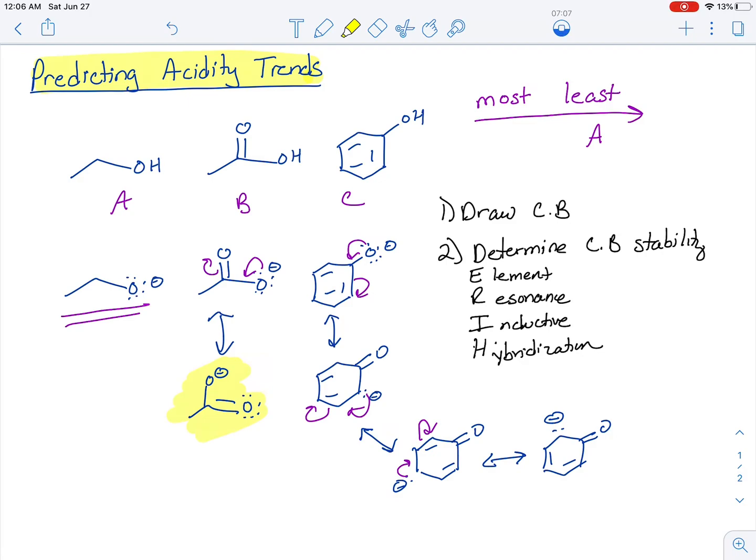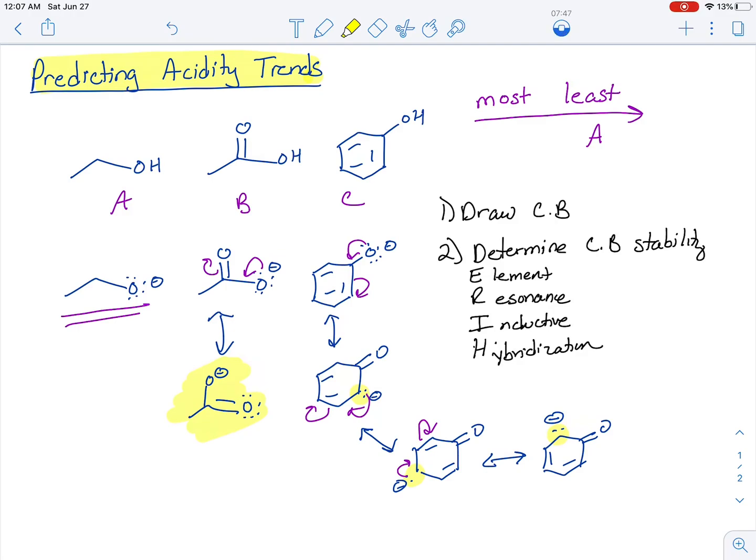Even though this other one has a lot more resonance structures, it's always going to have a negative charge on a carbon. It's preferred to have the negative charge on an oxygen rather than on a carbon, and that is what we call the element effect. We have to remember that in these types of problems, the element effect is going to trump the resonance effect.